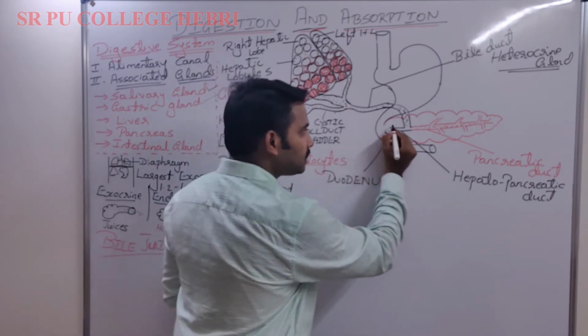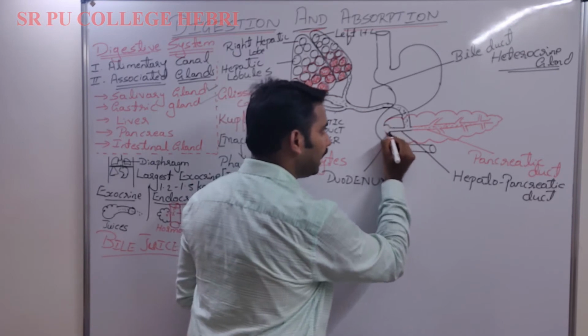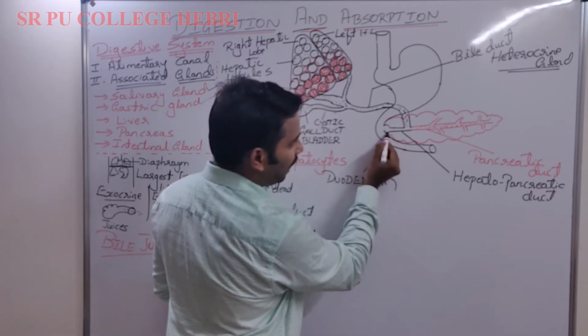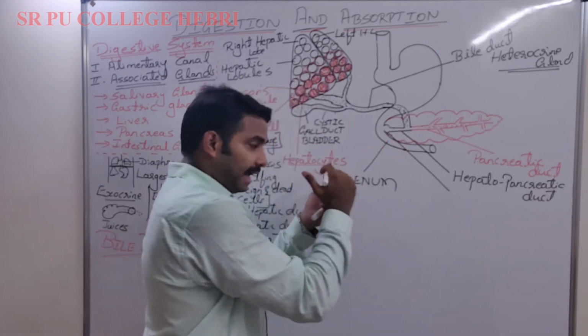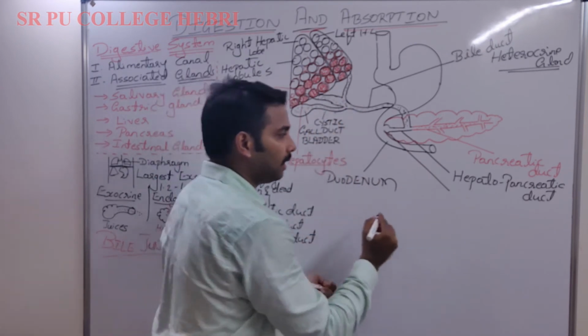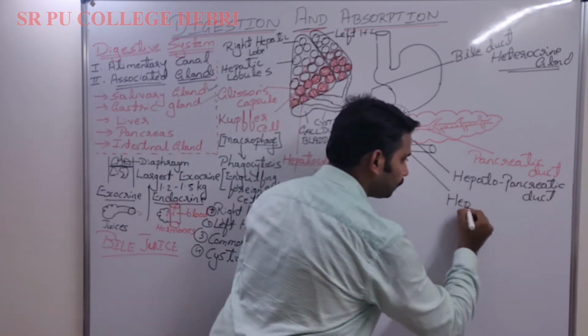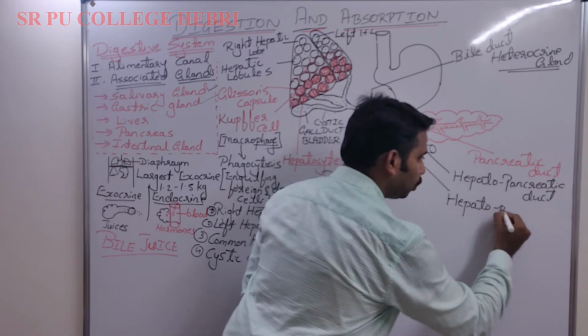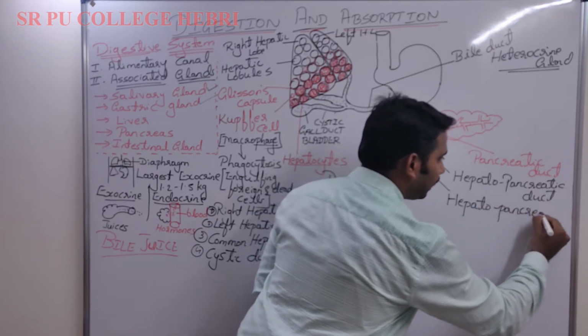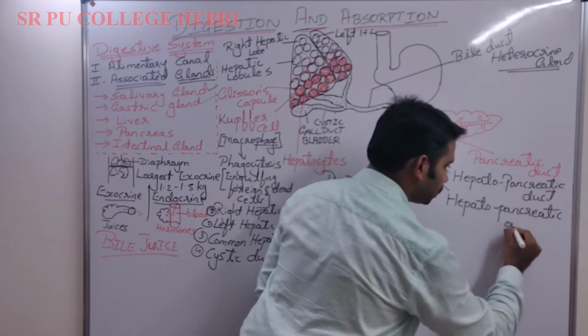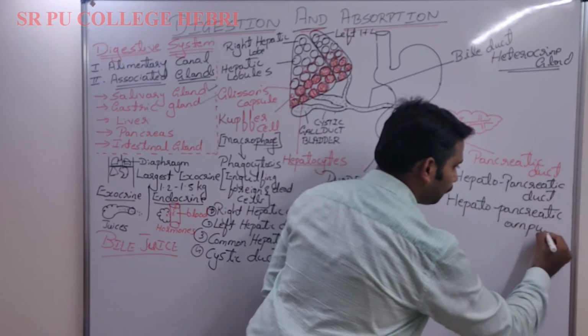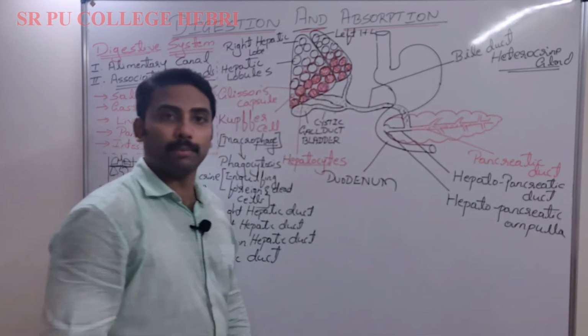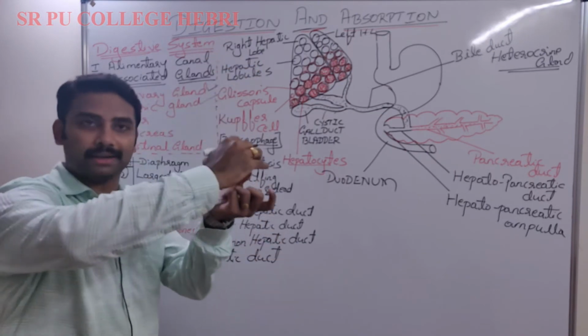This hepatopancreatic duct, look at here, is supposed to open into what? Duodenum. Just before opening, it will enlarge. The hepatopancreatic duct will swell and form the hepatopancreatic ampulla. Ampulla means enlargement, swelling.